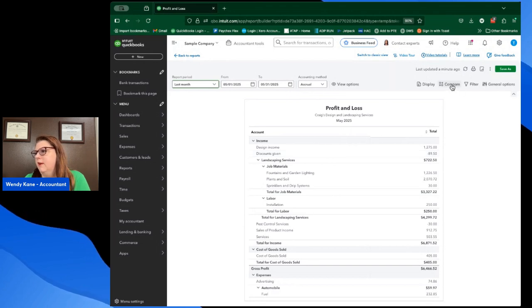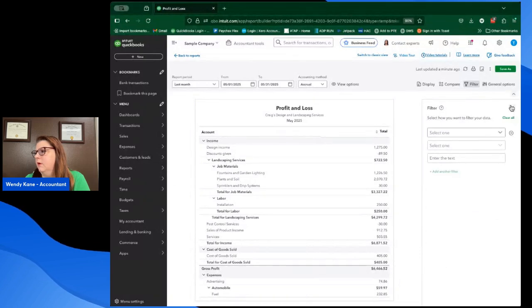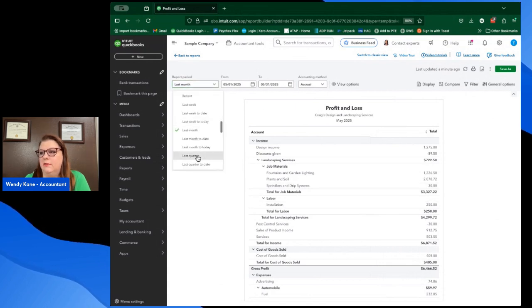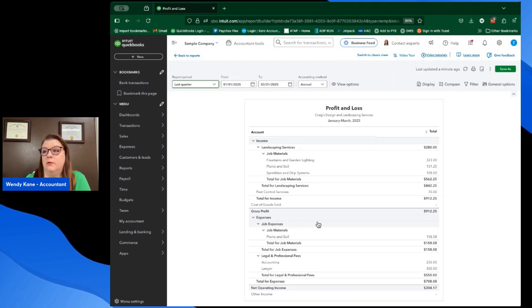And of course, they've now got all these, you can compare, you can filter. Most of you aren't going to use that information. You're either going to need last month or last quarter. Right now, we're still in second quarter. So the last quarter is first quarter, which is January, February, and March.